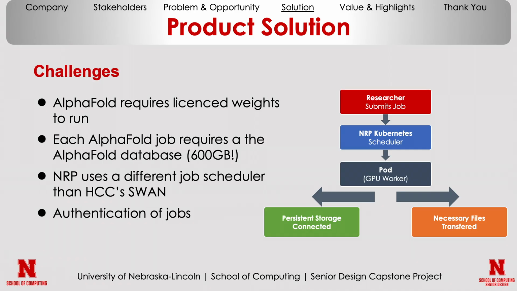So we have to stage that on a persistent storage on NRP so that our jobs can access that database without having to download it or transfer it back every time, because that's just not feasible. And NRP uses a different scheduler than HEC's existing Swan supercomputer, so we had to learn how to work around that and its quirks. And Jupyter Lab also requires authentication for the user to access their Jupyter Lab server, so we also had to work on creating authentication for that.